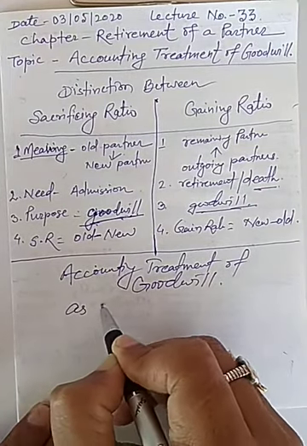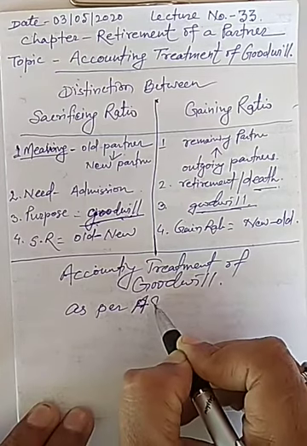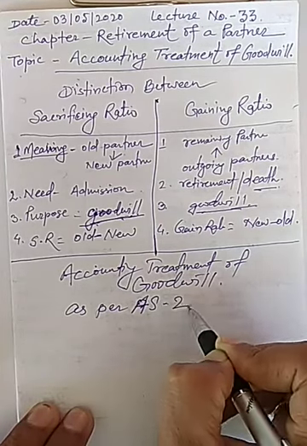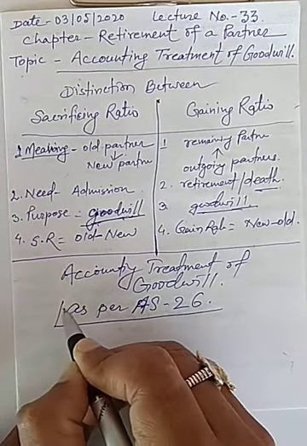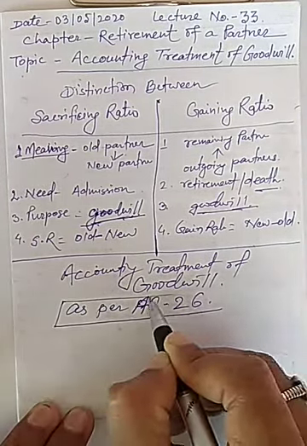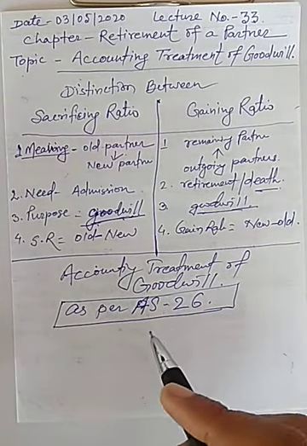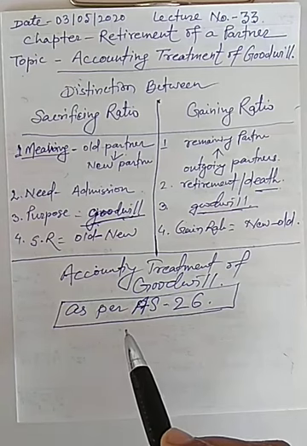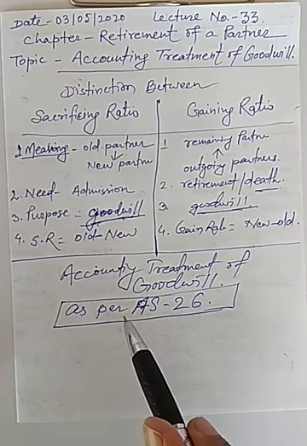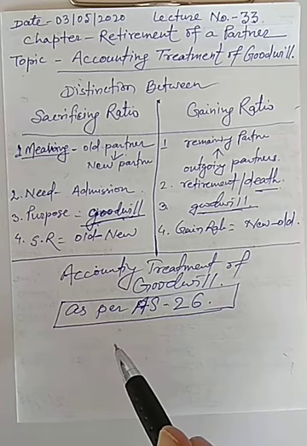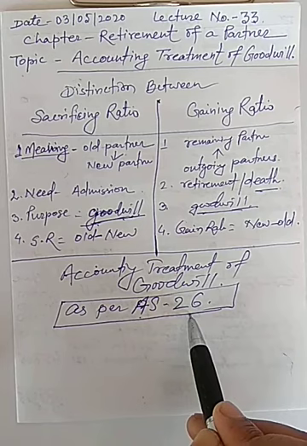As per accounting standard 26, we should always remember that accounting treatment of goodwill is always according to accounting standard 26.